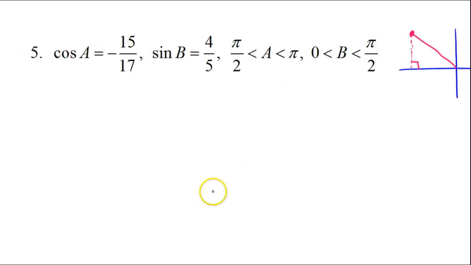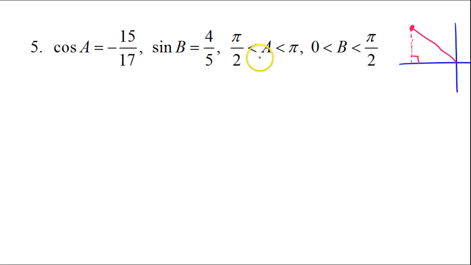Okay, so this is a diagram for angle A. So cosine of A, and cosine is x over r. So I'm going to look at this negative sign as being on the 15. So that means the x value is negative 15, and the radius is 17.